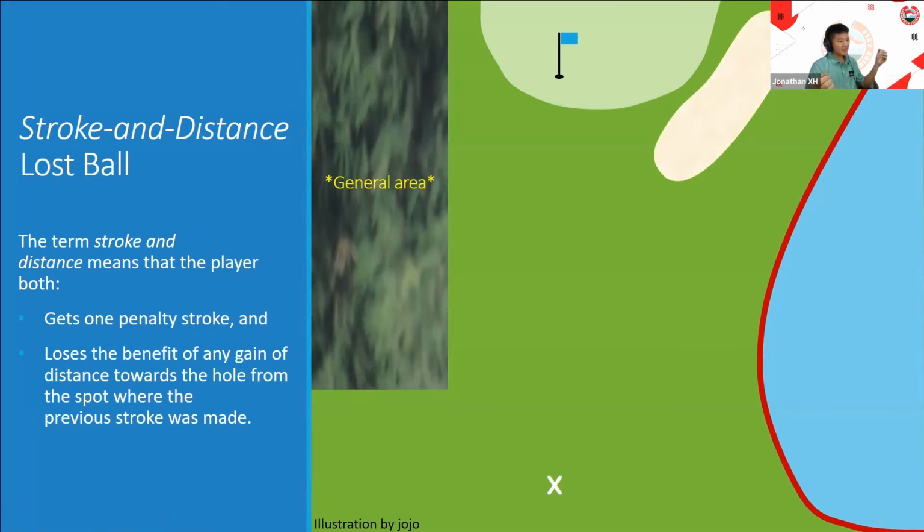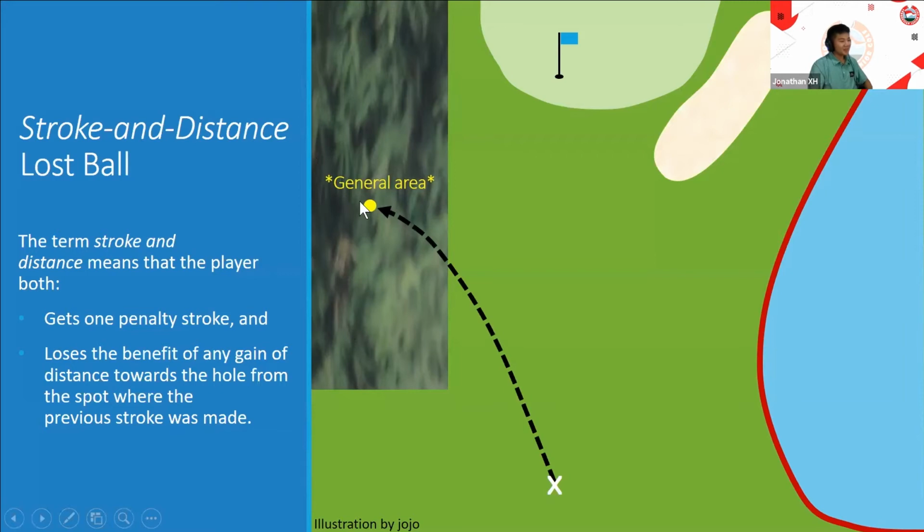General area is part of the course that is not a penalty area or out of bounds. So anything that is unmarked is still general area. Let's call this a forest, and we are on point X. And from point X, we hit our ball into the forest because we mishit our shot.